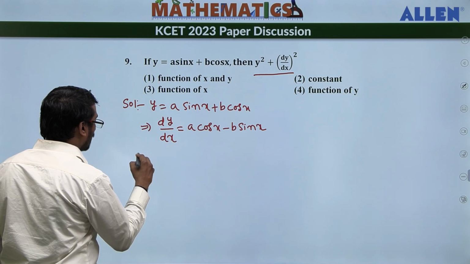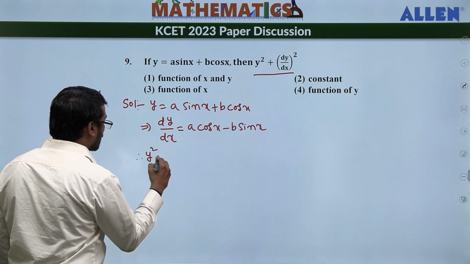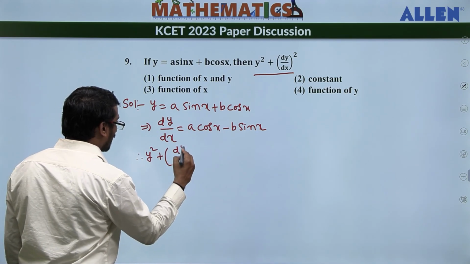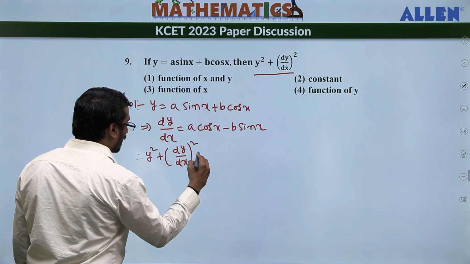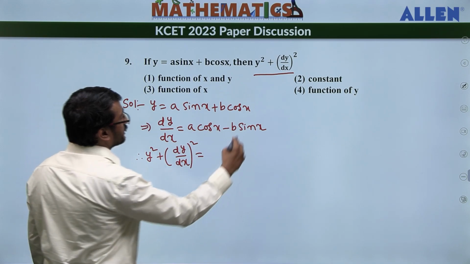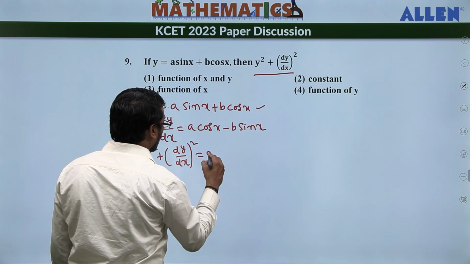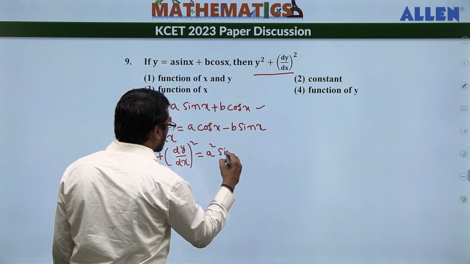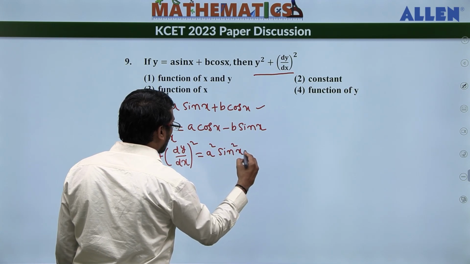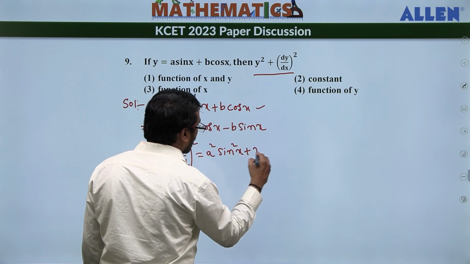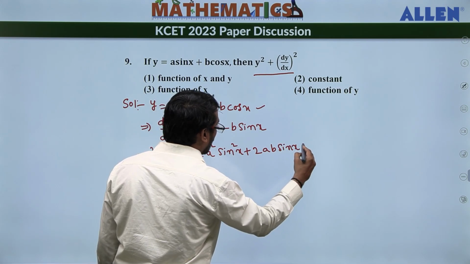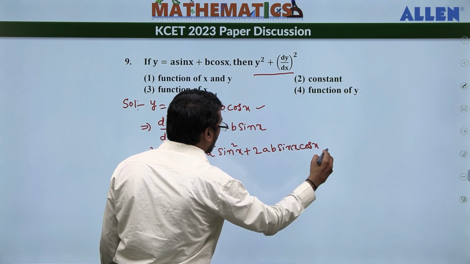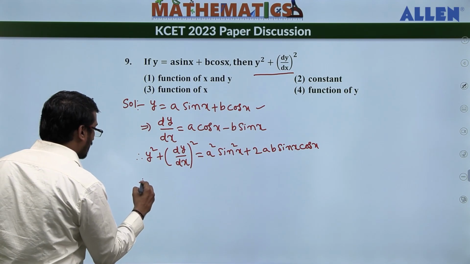Therefore, y square plus dy by dx whole square. What is y square? A square sin square x plus 2ab sin x cos x plus b square cos square x.